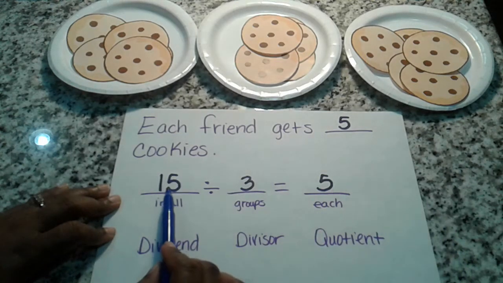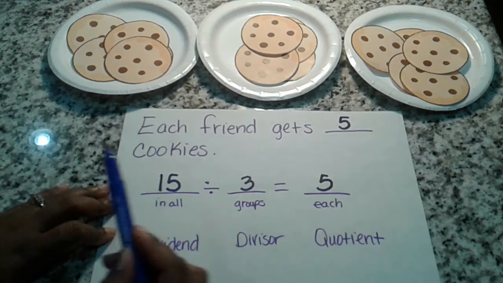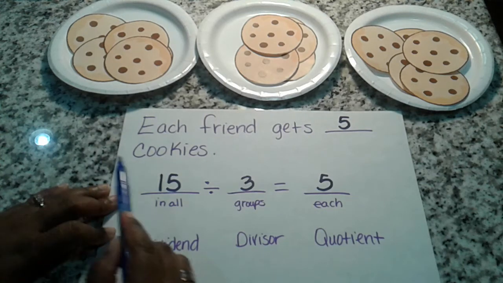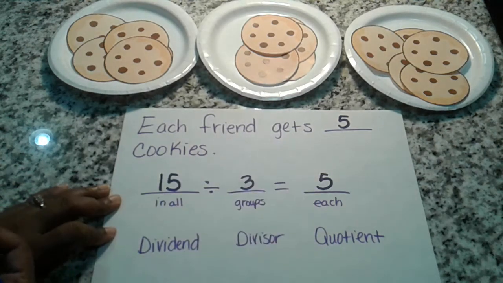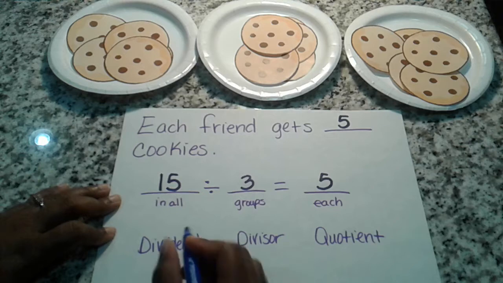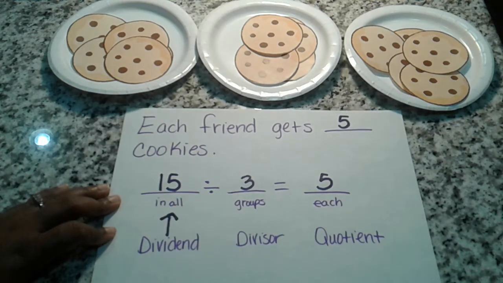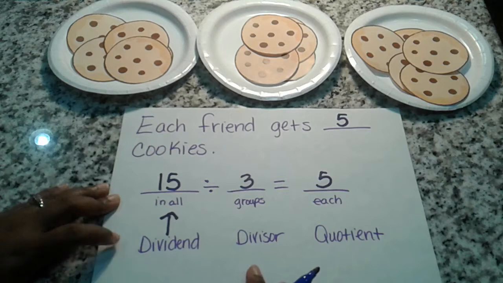Now, this 15, this 3, and this 5, each one of those, they have a name. So whatever number goes here that represents the large number of items that we have is called the dividend. The dividend is our first number, our in all number. This number is our divisor.